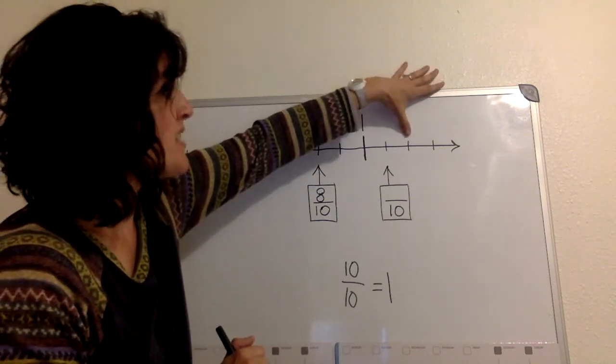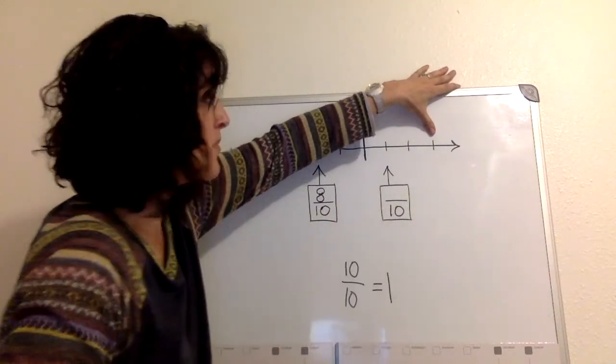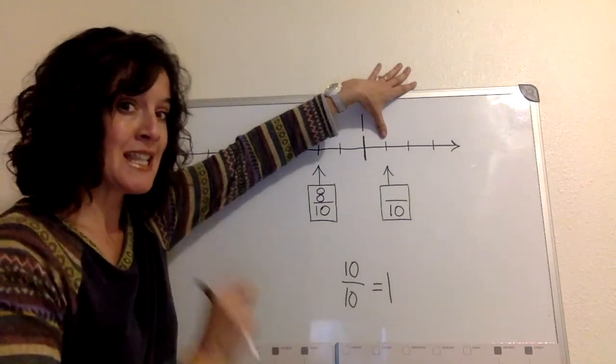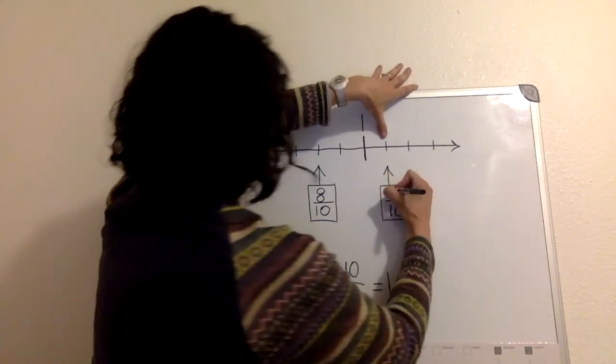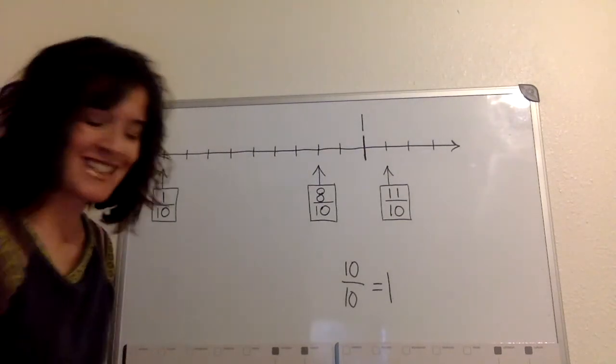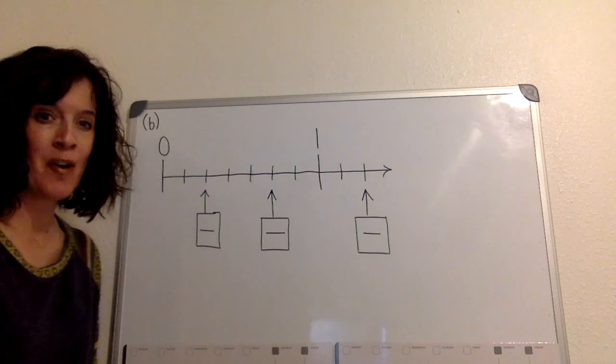This would be 12/10 and 13/10, and so on. But this one, with our arrow, is 11/10. First one's done. Let's look at letter B now.